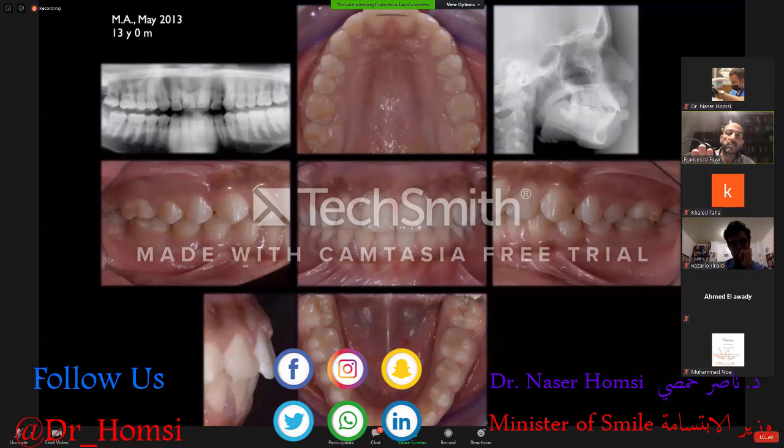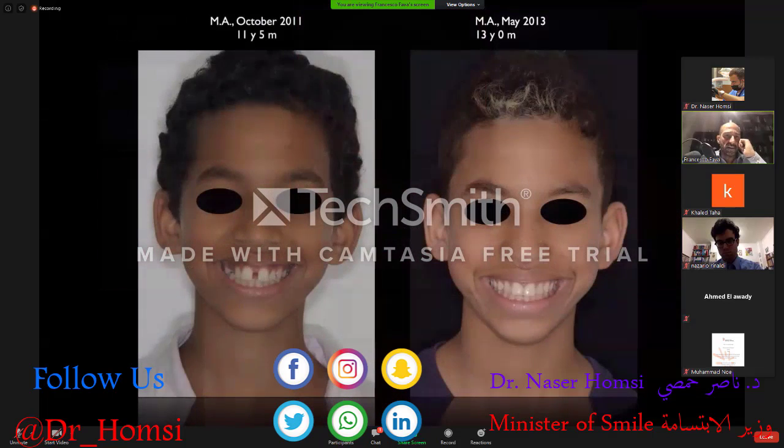We just moved in an exclusive way the upper right and upper left central incisors, closing the diastema. No other tooth was touched at all. And so this is the very nice natural occlusion of the patient that I personally do not want to change because I can't do better than this.